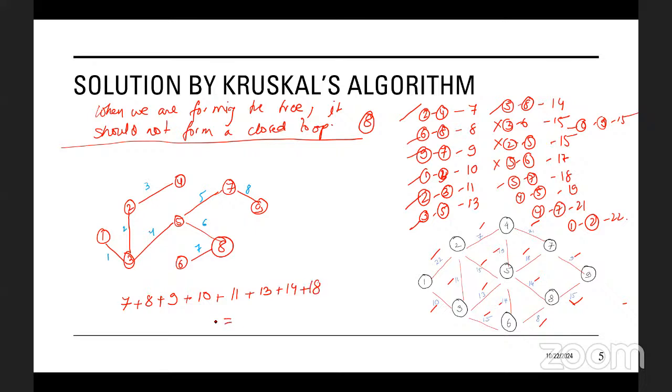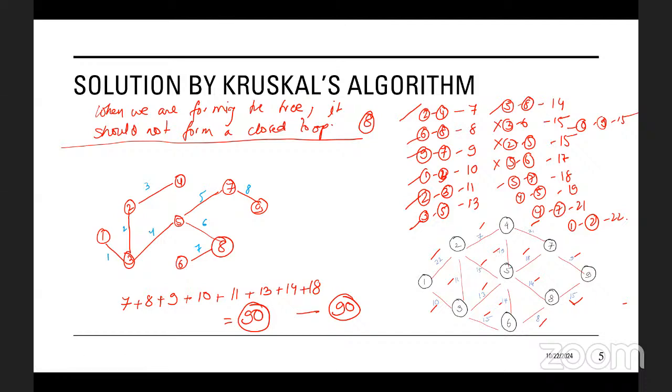So this adds up to be 7, 8, 15, 24, 34, 45, 58, 72, 90. So this is the total weight of the minimum spanning tree that has been obtained by Kruskal's algorithm.